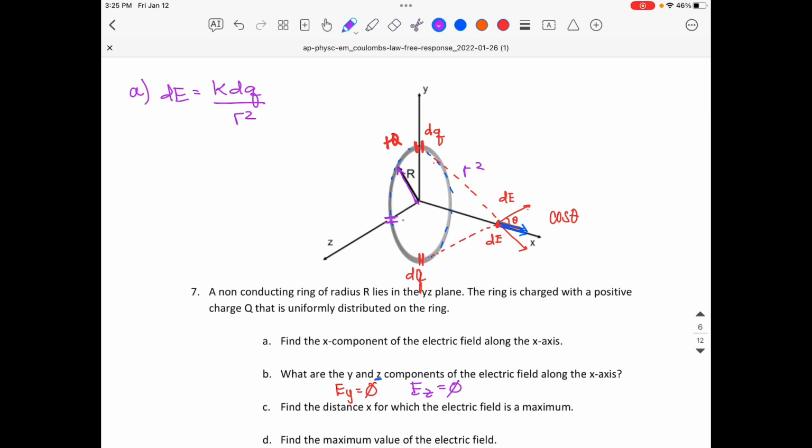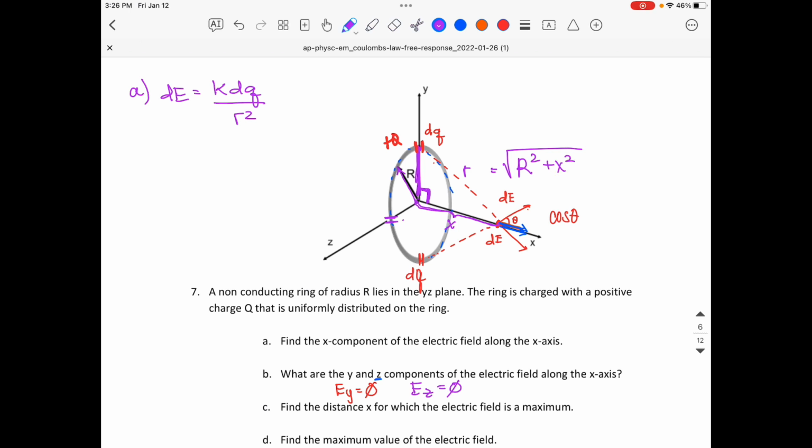I always define the x position to be x, and the radius is generally given to us as capital R. So based on the Pythagorean theorem, this is a 90-degree angle. If this radius is capital R and this distance on the x-axis is x, then r is equal to the square root of big R squared plus x squared.